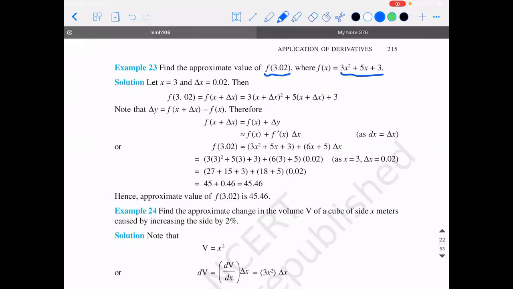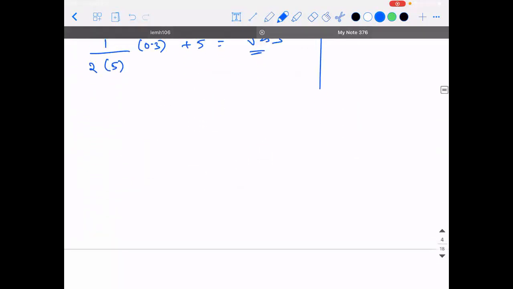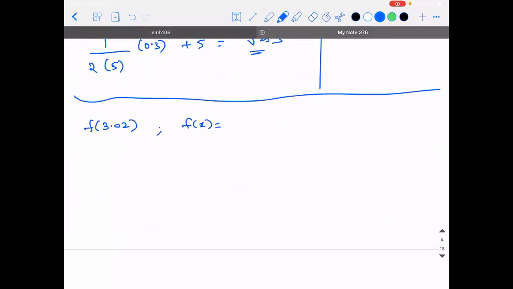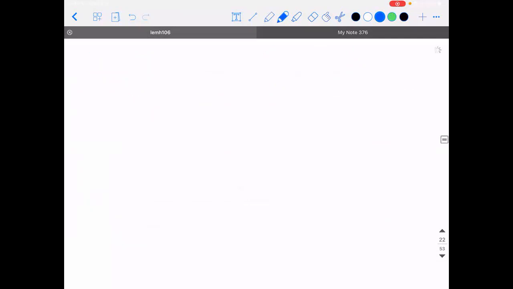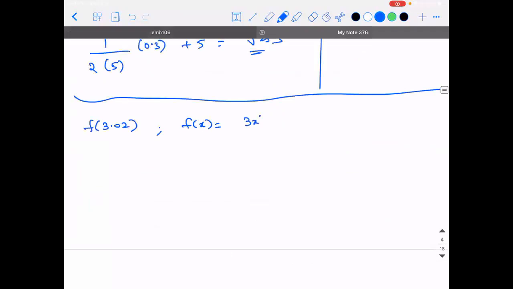So how to do? I hope you guys read the question. What are they asking? Find the approximate value of f of 3.02 if f of x is equal to 3x square plus 5x plus 3.